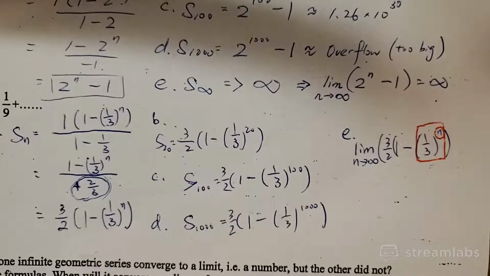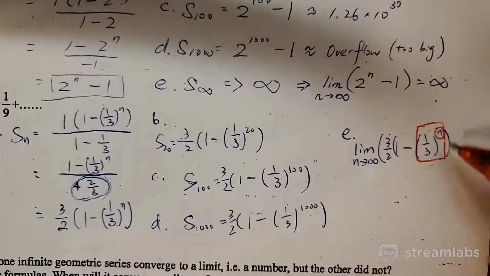What do you have? You multiply by 1/3 over and over again. What will happen to this part? 1/3 to the n power if n is big.